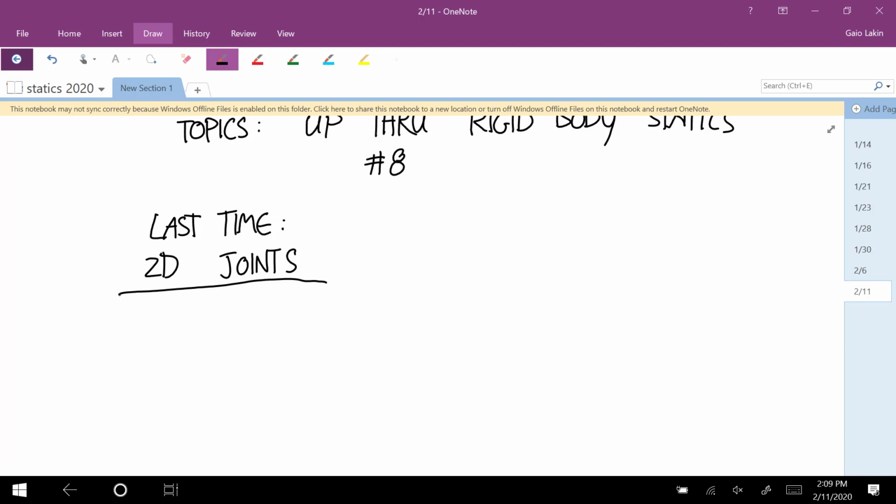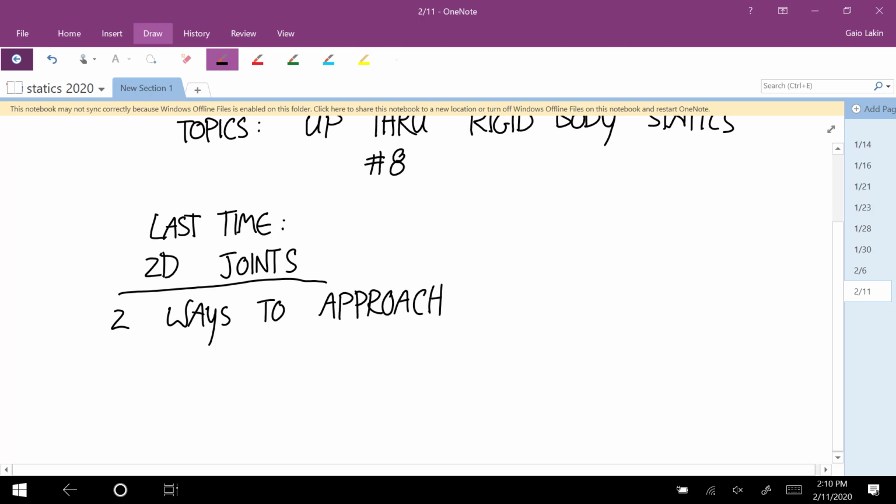There's sort of two ways to approach this. The first one is, I gave you the list of all the two-dimensional joints we'll see in this class. So one thing you could do is just remember the different joints, and then it doesn't take any thinking really. So you could memorize the loads applied by each joint type.